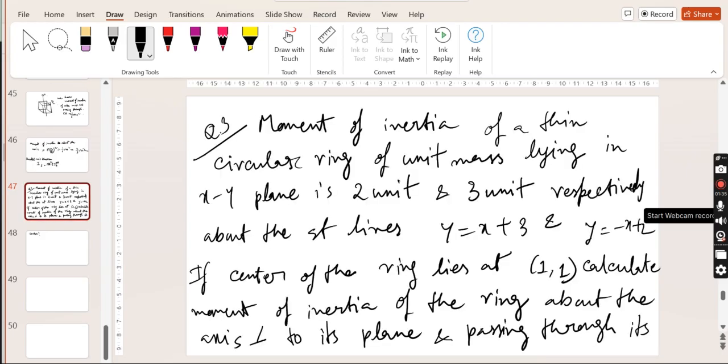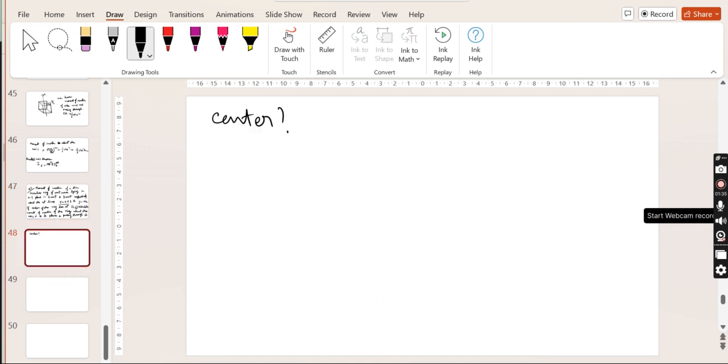So we are given the moment of inertia about a straight line, that is y equals x plus 3, which is basically x minus y equals minus 3.